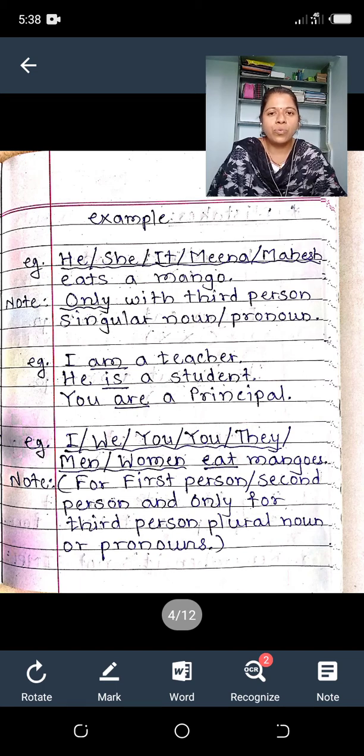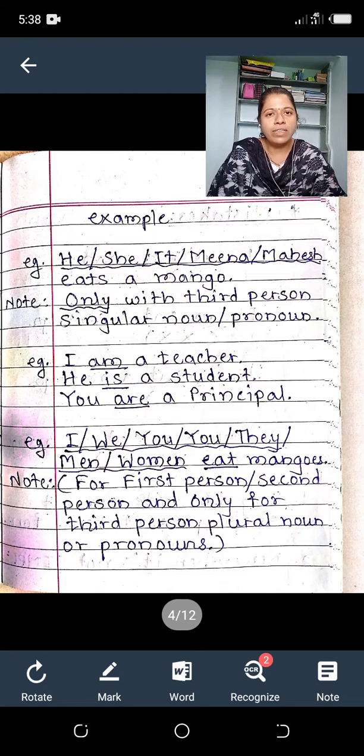See, I, we, these are the first person pronouns. You, these are the second person pronouns. And they, men or women, these are third person plural pronouns or nouns.